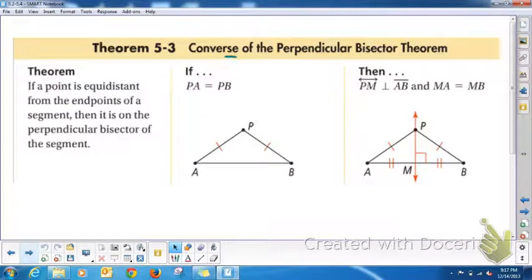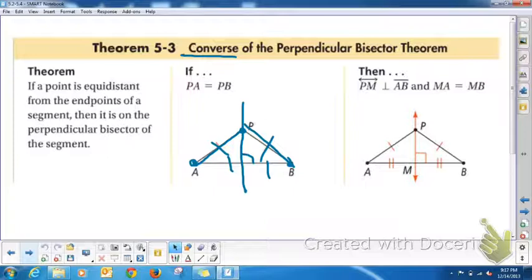You might remember the word converse. Converse means backwards. So if a point is equidistant from the endpoints of a segment, so in this case, PA is equal to PB, they're congruent, then that must mean that P is on the perpendicular bisector of segment AB.